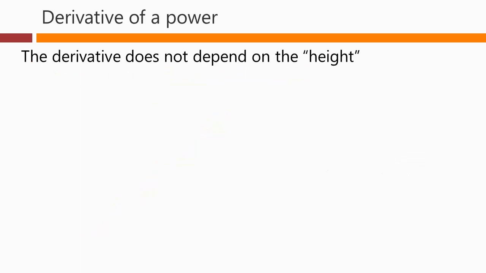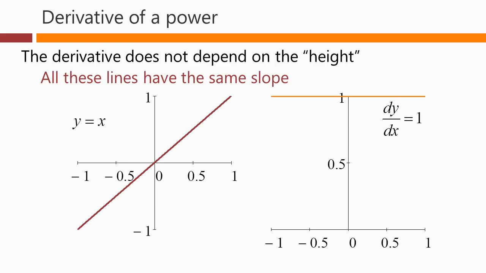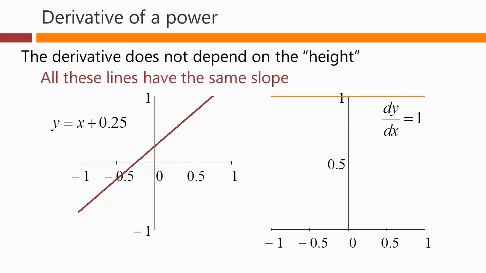The derivative of a function does not depend on the overall height of the function. So all these lines here have the same slope. This one, which we've moved up a little bit, has exactly the same derivative because the derivative of a constant is just 0. There's nothing changing.